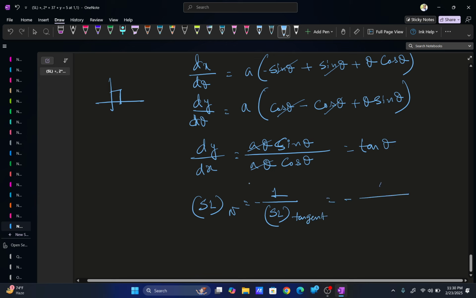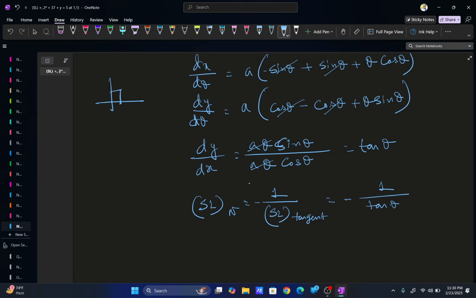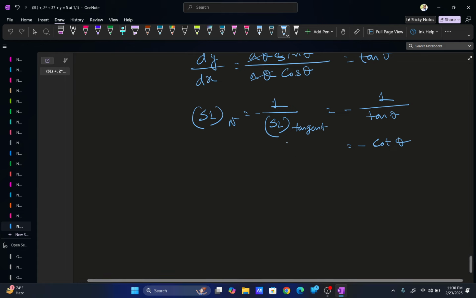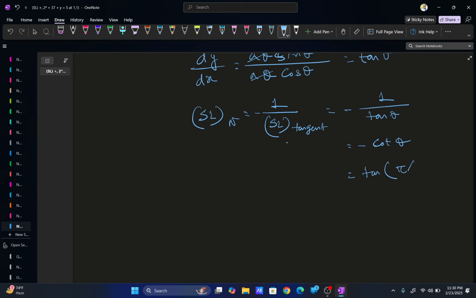So this is minus 1 by tan theta, so this is minus cot theta. And what is the meaning of minus cot theta? The meaning of this is basically tan of pi by 2 plus theta.